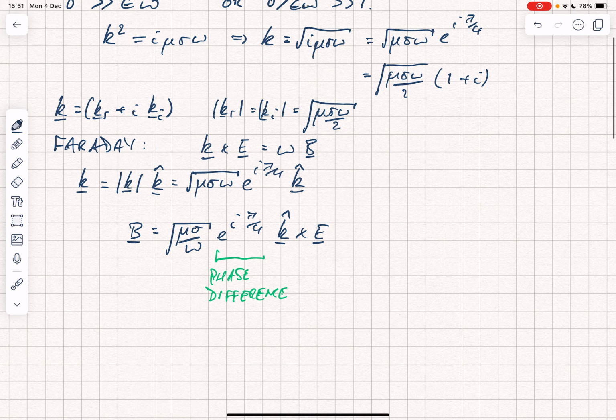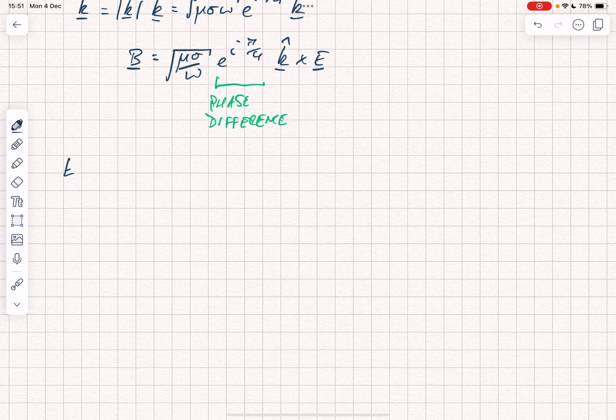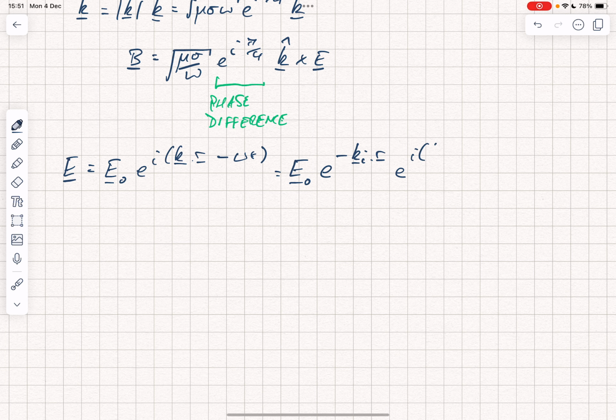Let's continue our examination of the standard plane wave form, and we're going to just substitute, and so we have E is equal to E0 e to the i k dot r minus omega t, which then is equal to E0 e to the minus ki dot r e to the i kr dot r minus omega t.